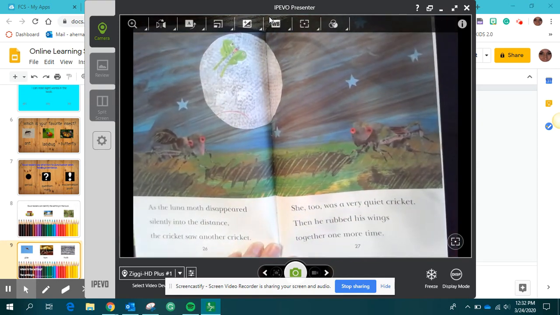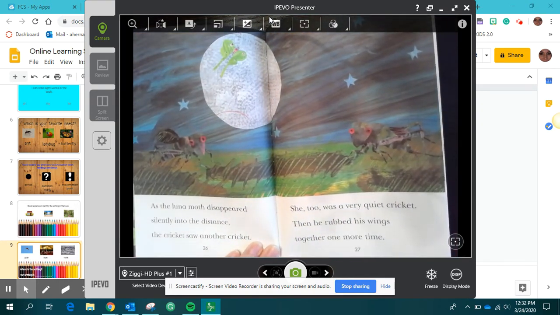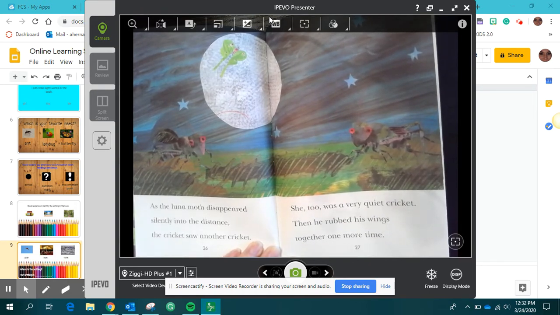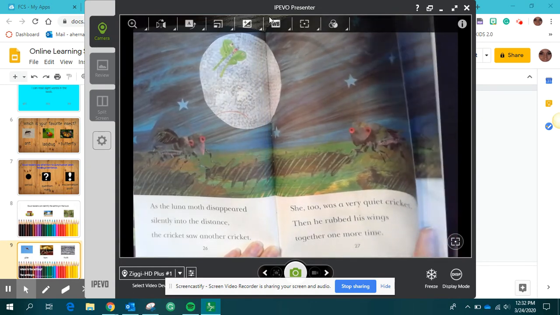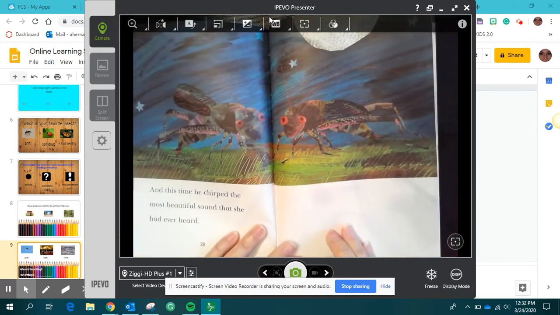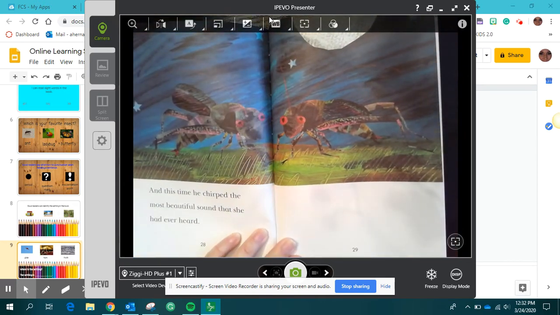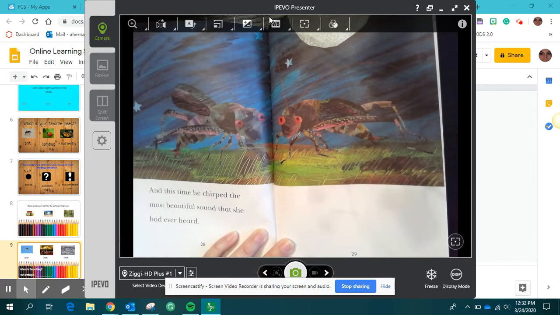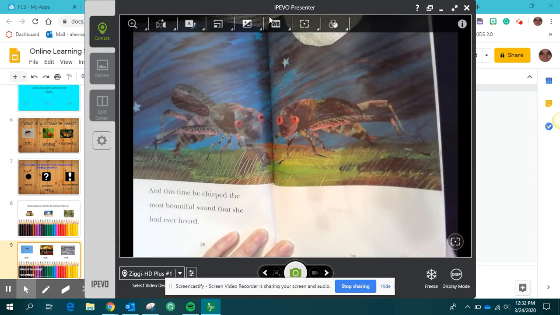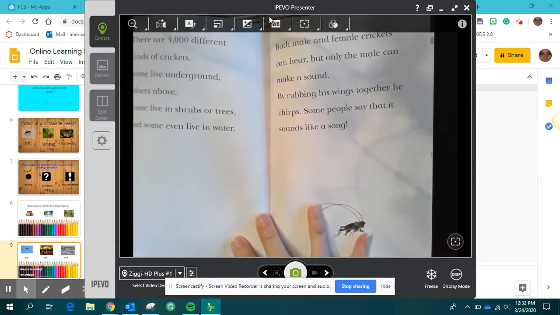As the Luna moth disappeared silently into the distance, the cricket saw another cricket. She too was a very quiet cricket. Then he rubbed his wings together one more time. And this time he chirped the most beautiful sound that she had ever heard. The end.